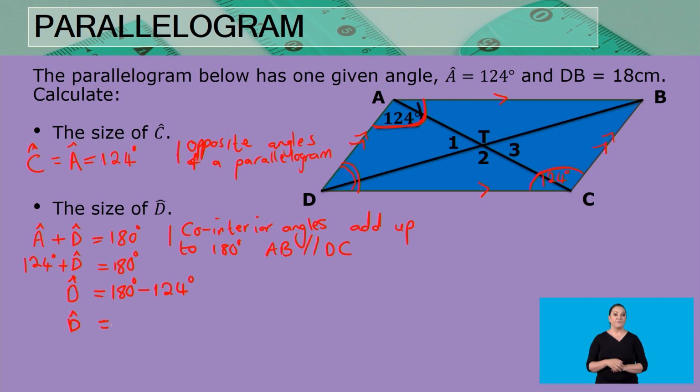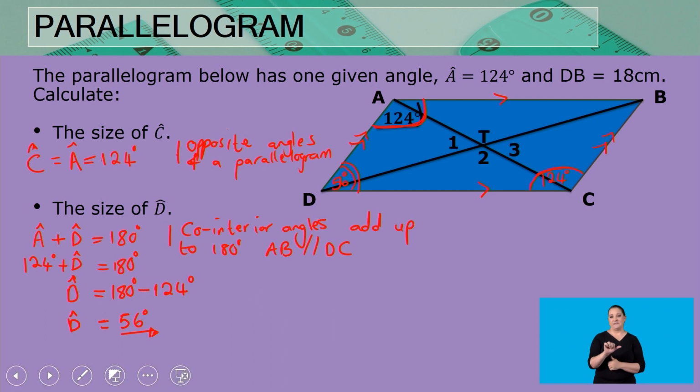If you are thinking of 56 degrees, then you are absolutely correct, because 180 degrees minus 124 degrees is equal to 56 degrees, and that is the size of our angle D.